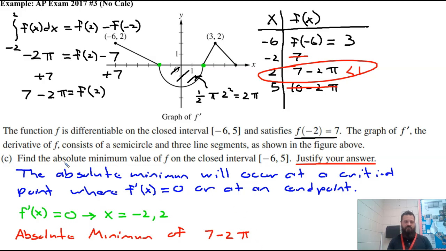This is asking for the absolute min, not the x value of the absolute min, but we'll say that anyways. But this is technically just the answer we're looking for, at x equals 2. So do pay attention: are we looking for the value of that absolute min or max, or just the x value it occurs at? Here we're looking for the value.